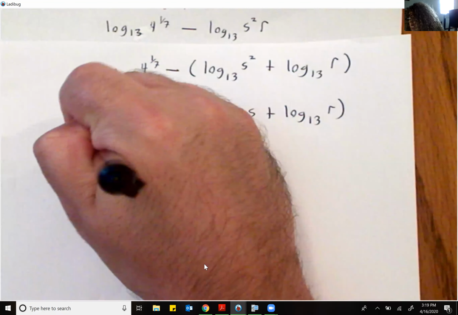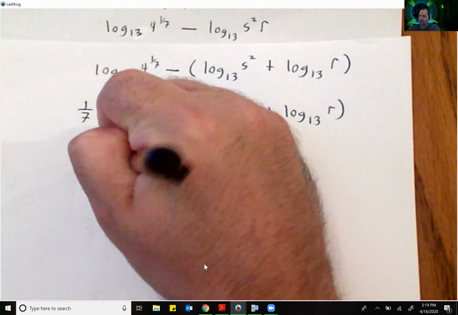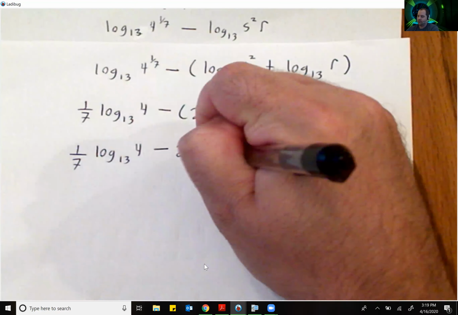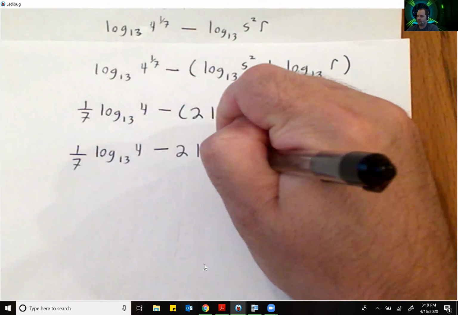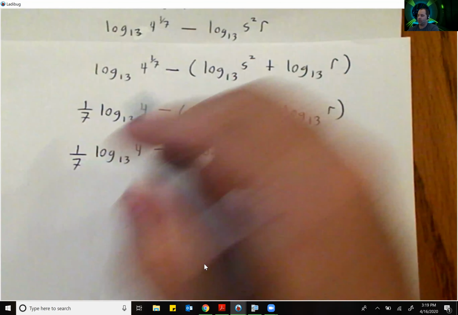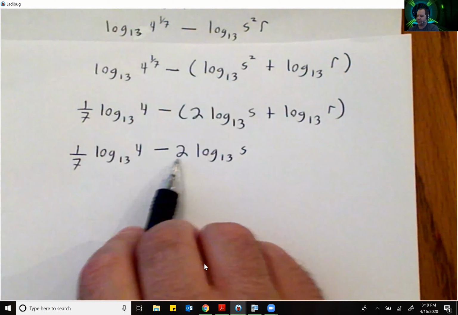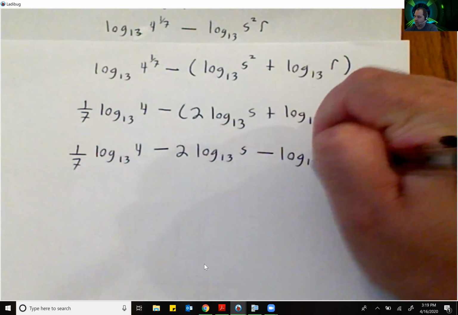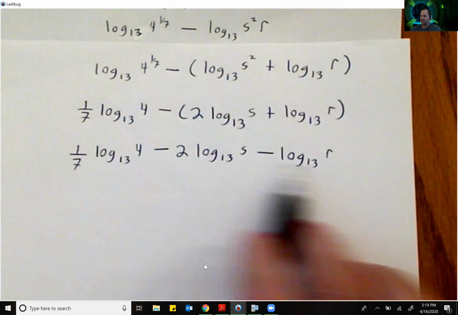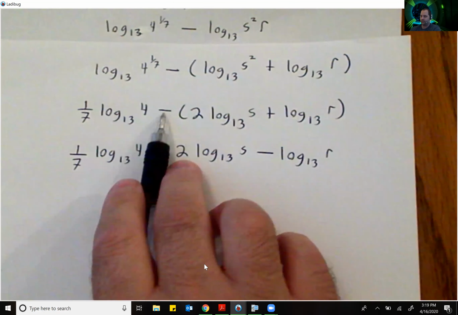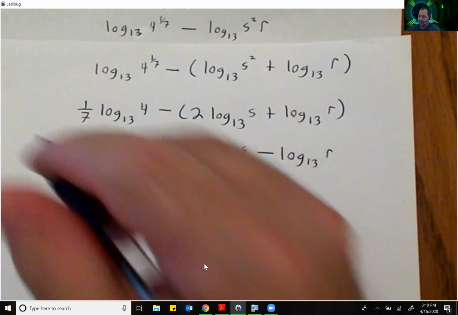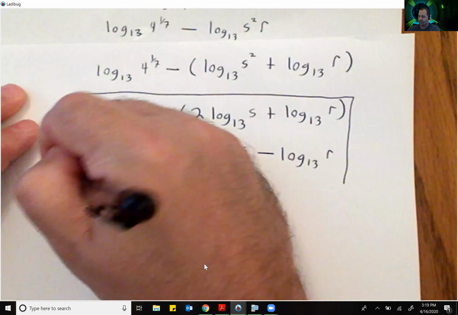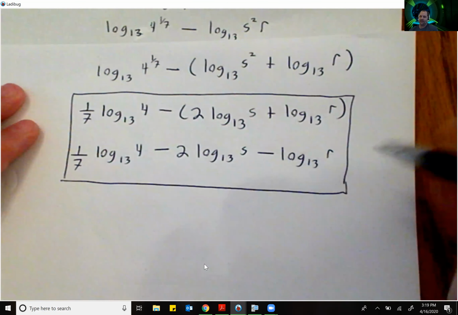And the final answer that they will give you looks like this. 1/7 log base 13 of 4 minus 2 log base 13 of s minus log base 13 of r. That's the final answer. All they did was take the negative and distribute it through. But technically, both of these are correct. Both of them are fully expanded out.